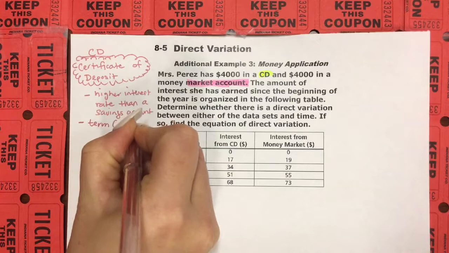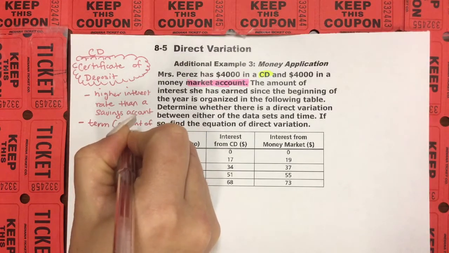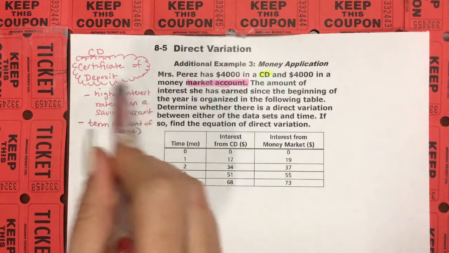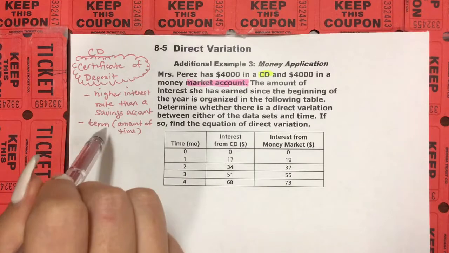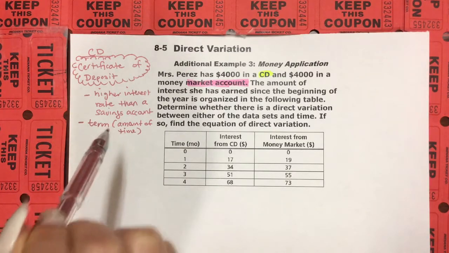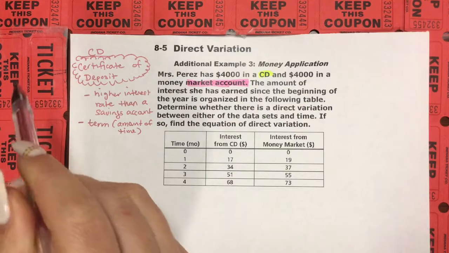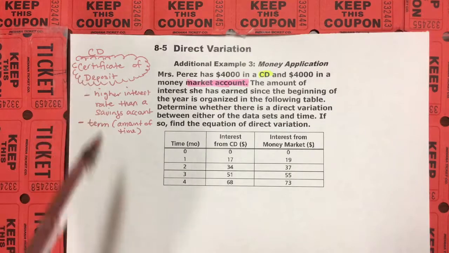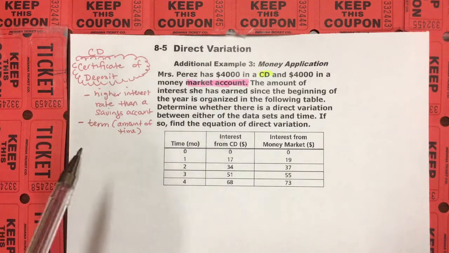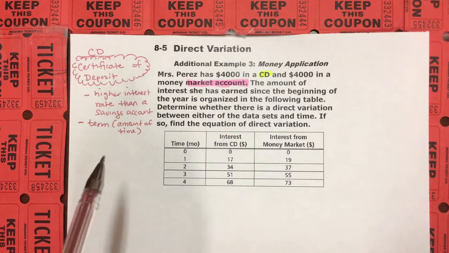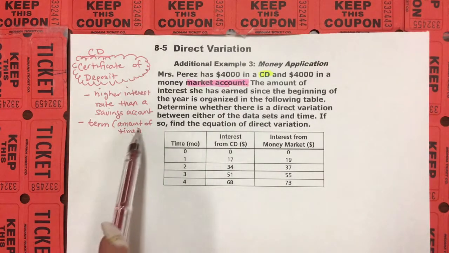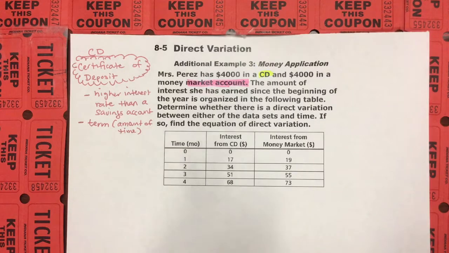So you get a higher interest rate, but your money has to stay in the bank for a certain amount of time, whether that's a month, 3 months, 6 months, 5 years, 20 years. You have to leave your money in the account for that specified amount of time, and you get to choose it. And for a bigger amount of time, you're probably going to have a higher interest rate than for a small amount of time.